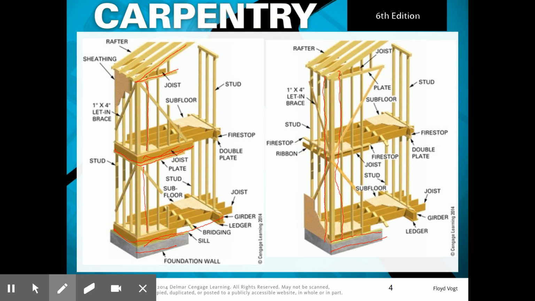Instead of having a platform for our walls to sit on, we have a ribbon that runs around. It's usually a 1x4, and on top of that is where our floor joists go. In this one you can see that there's fire stop, and we're going to be going over what that is shortly. And we also have fire stop over here.